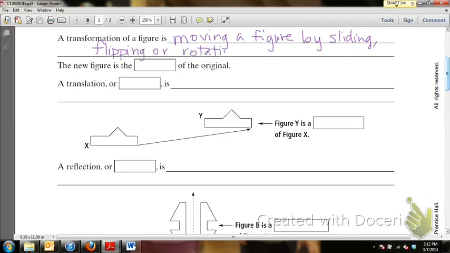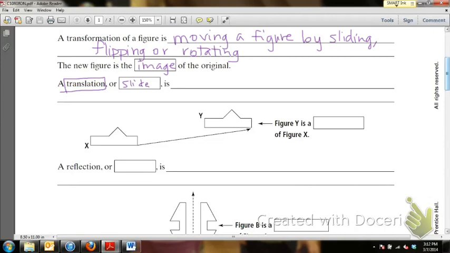Those are the three ways we're going to try to move a shape. So the new figure is called the image of the original. Okay, so the first way is a translation or a slide.